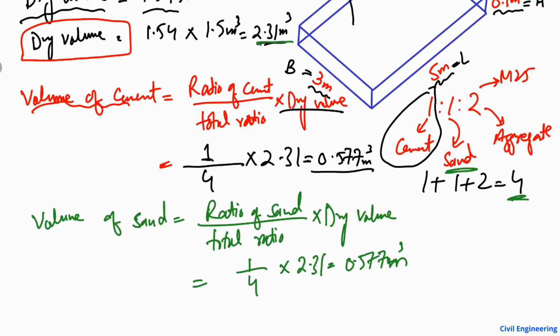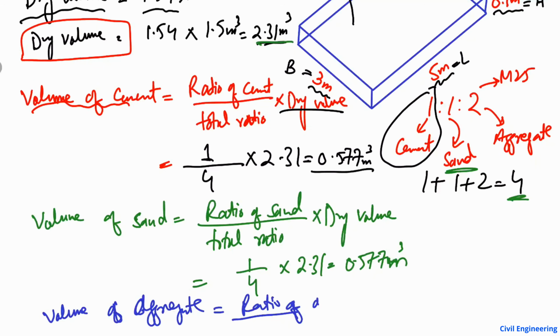The last one is the volume of the coarse aggregate. To find the volume of the coarse aggregate, it's simple. Again, the ratio of the coarse aggregate divided by the total ratio, multiplied by the dry volume.